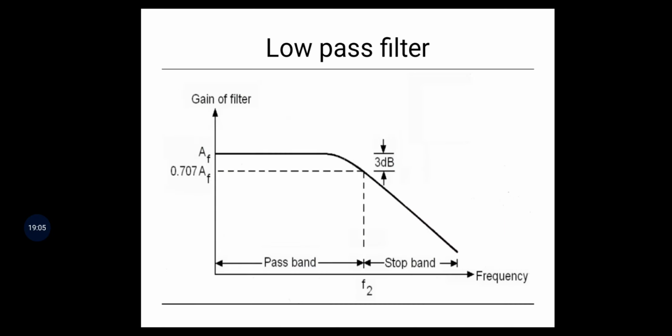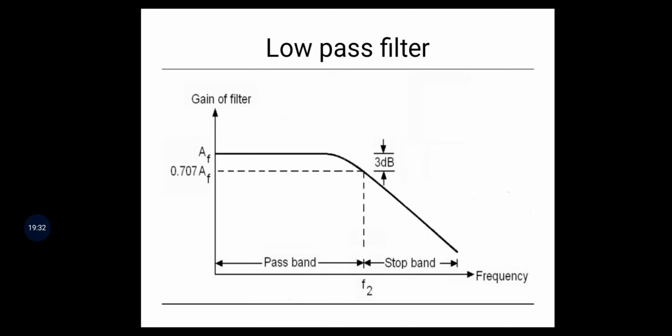This is the graph of the low pass filter. On the x axis we take the frequency, and on the y axis we take the gain of the filter. At low frequencies up to the cutoff frequency Fh is called the pass band.